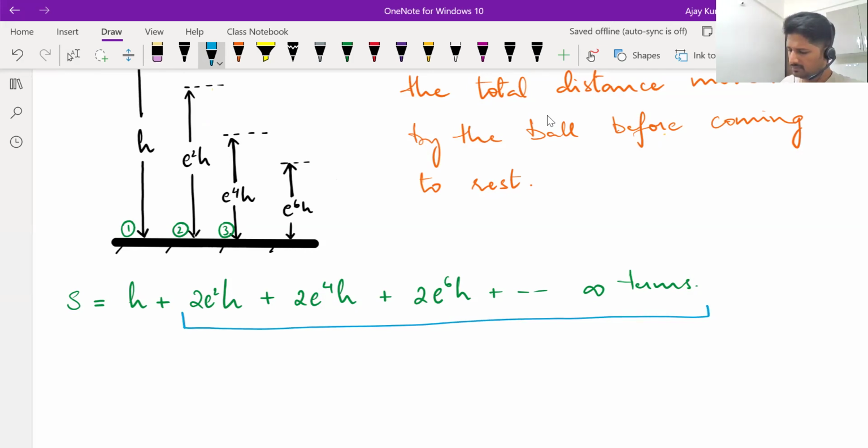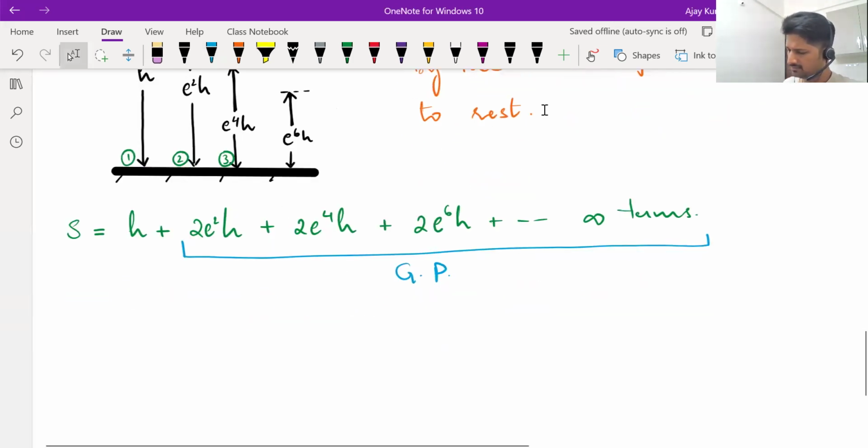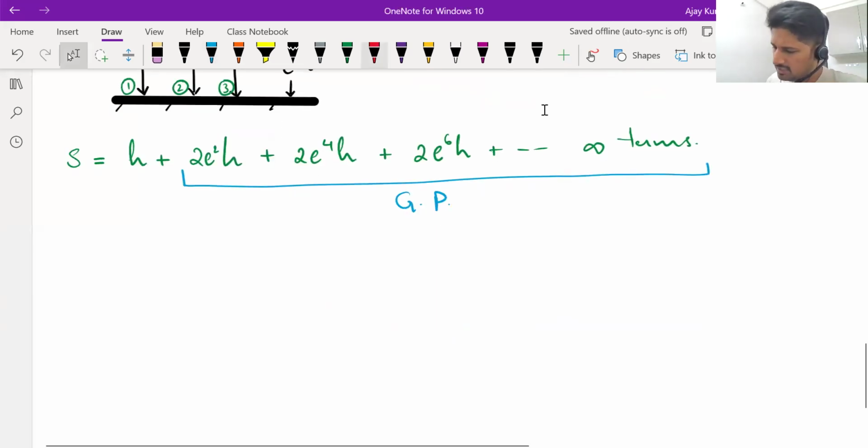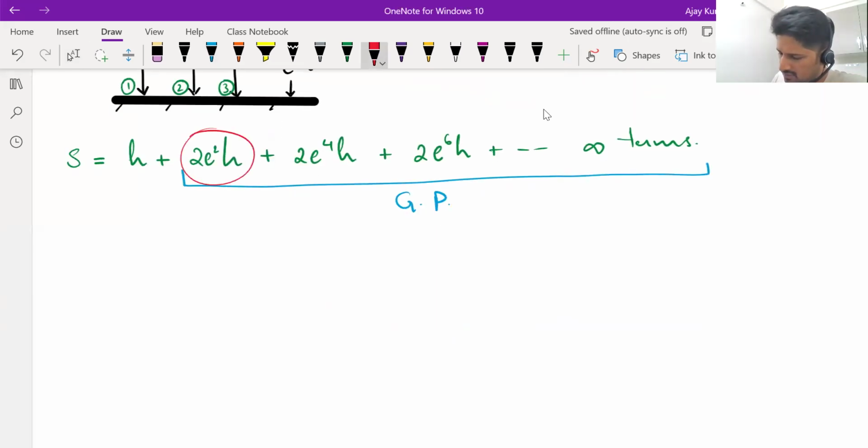Basically, this is a geometric progression, GP. And it's a geometric progression whose first term is 2e square h. In the terminology that we use in sequences and series, we represent the first term as a. So the first term is 2e square h, and from then onwards, you can see that they are getting multiplied by e square.